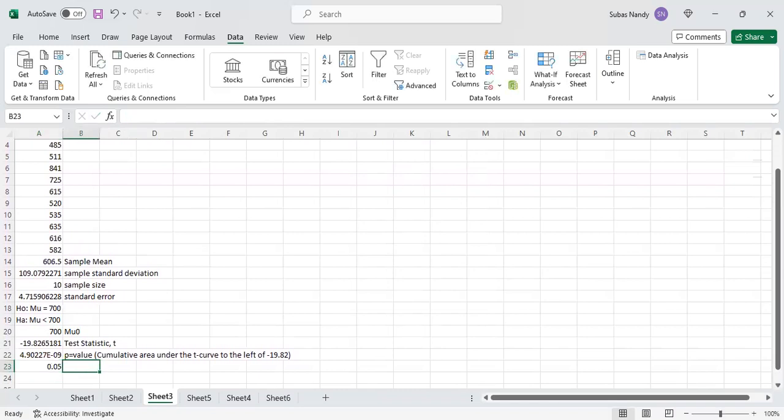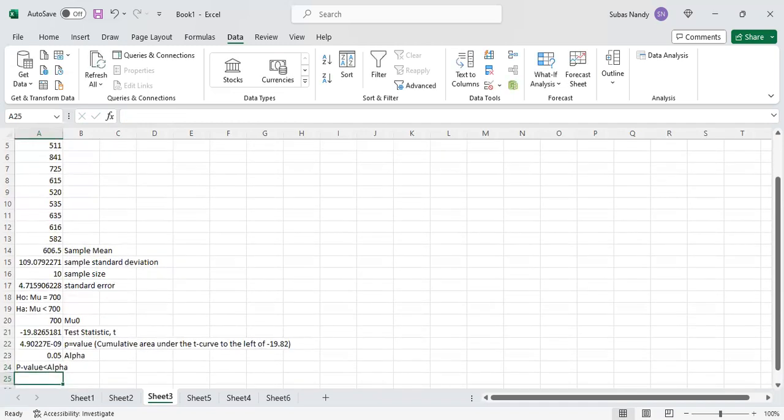Alpha is the maximum probability of rejecting H0 when it is true. So this is your alpha. And we compare the p to the alpha. P value is less than alpha. Okay, so decision: reject H0.